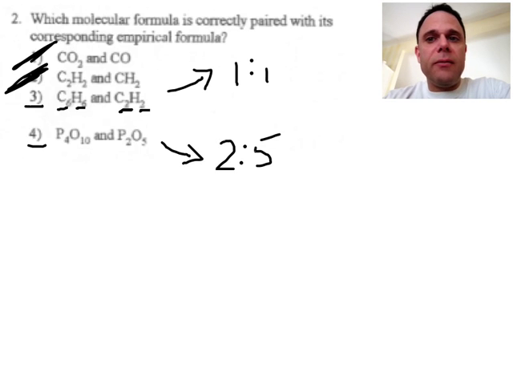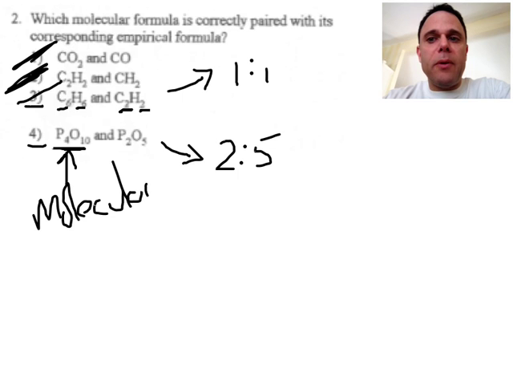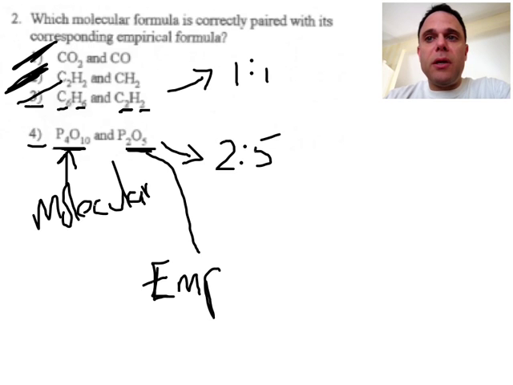Get rid of 3. Choice 4, that is your molecular formula, because it is a multiple, in this case double the amount of the 2-to-5 ratio, so this one is the empirical formula.